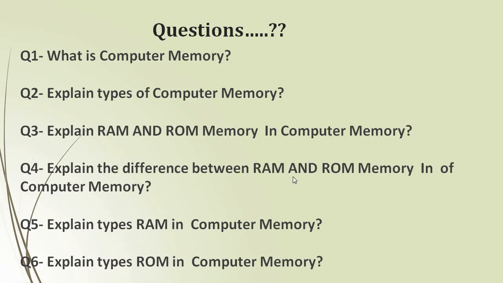Explain the difference between RAM and ROM, where the examiner can put a question in front of you, like explain types of RAM in computer memory. RAM stands for, once again I am repeating, random access memory. And the examiner can ask you to explain types of ROM in computer memory, that is read only memory.